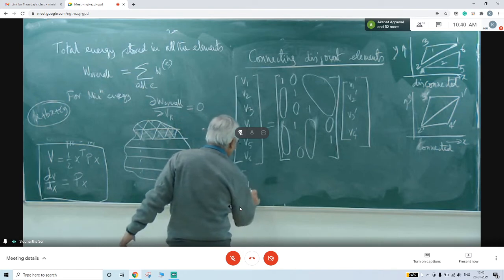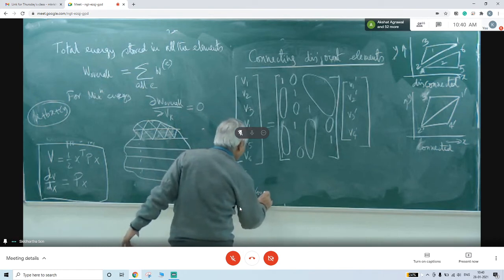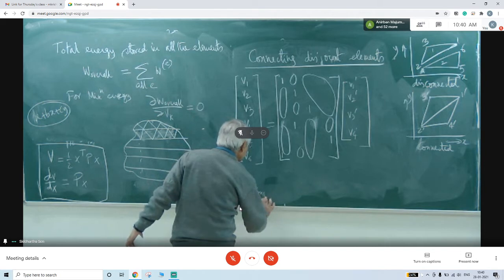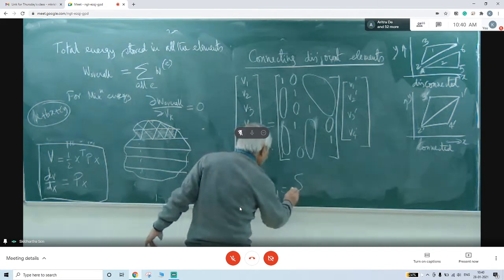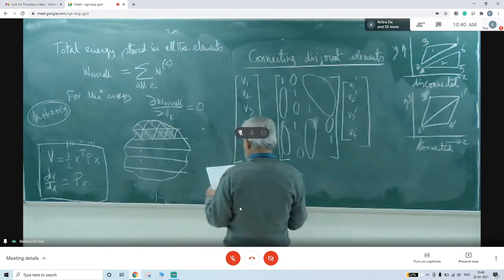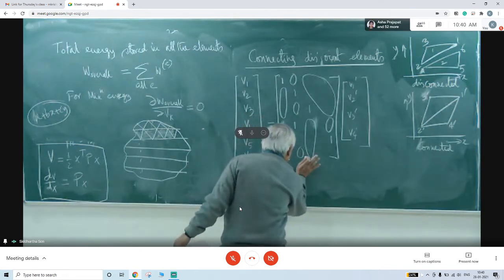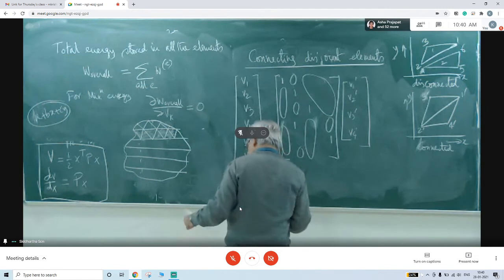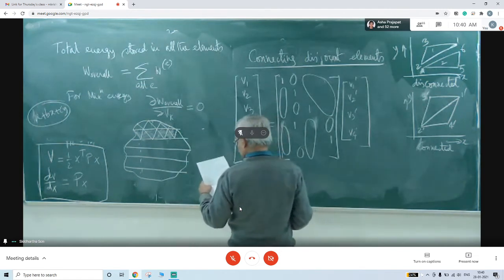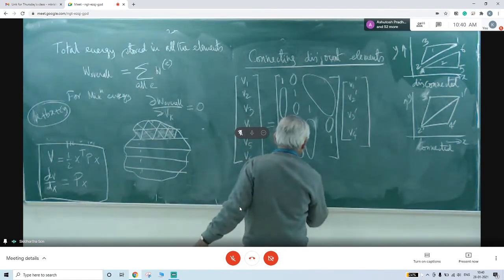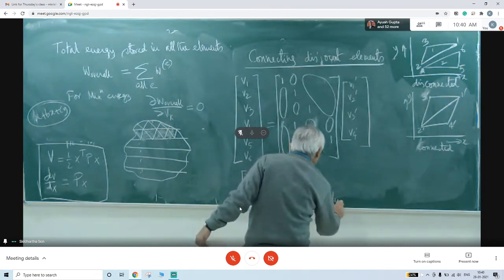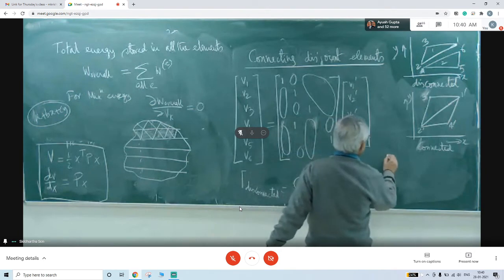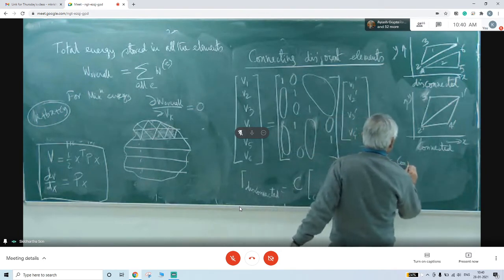lambda disconnected is equal to some matrix, say we call it the connection matrix, C into lambda connected. So C is a connectivity matrix.